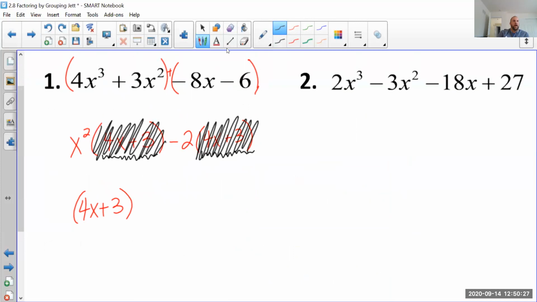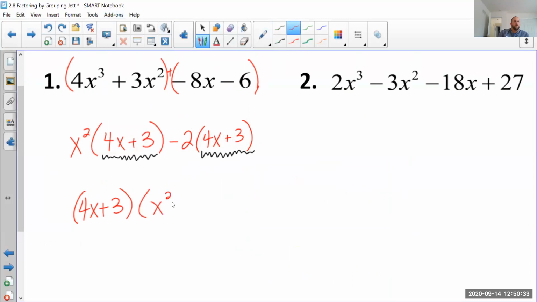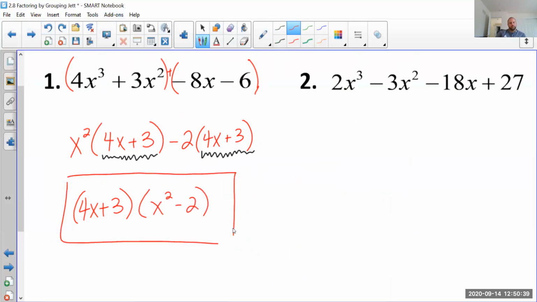Well, when I do that, what is left? X squared minus 2. So right here, x squared minus 2. Questions?